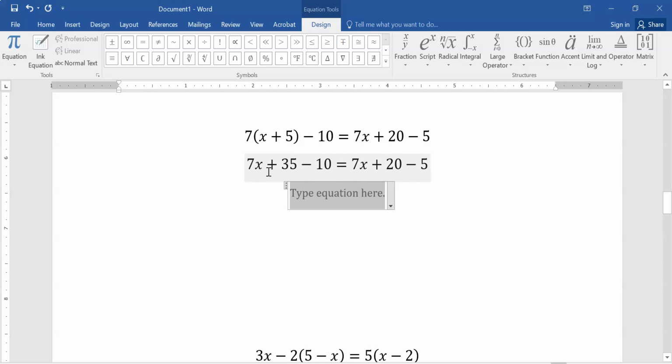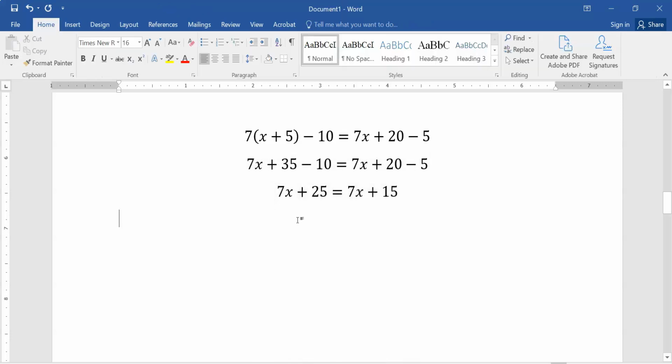So we have 7x plus 35 minus 10. 35 minus 10 will combine to give you 25. On the right-hand side, we end up with 7x plus 20 minus 5. So 7x plus 15 on the right-hand side.